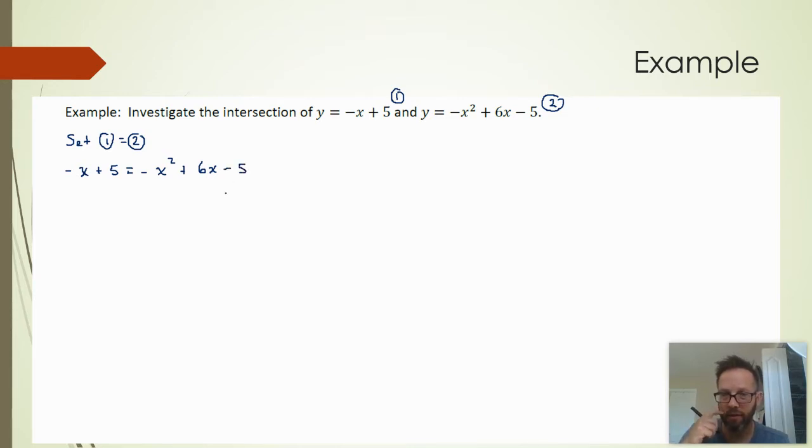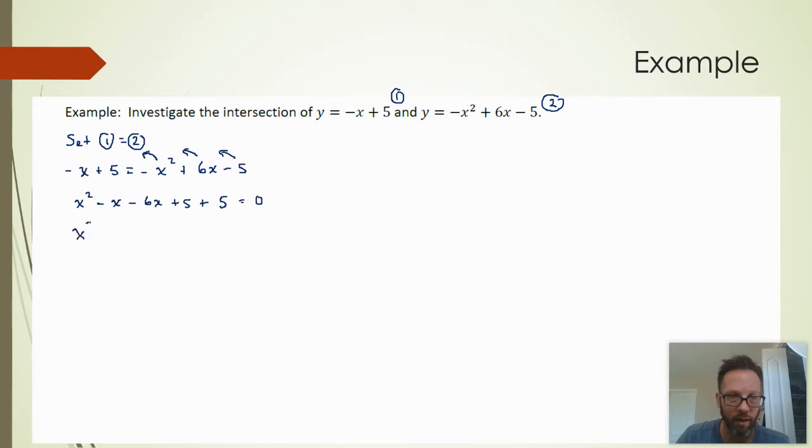So we like to use any of our strategies. We have to have everything grouped together on one side. So I think it makes sense to do the left side. So bring over negative x squared, you get positive x squared. I'll just show this work actually. Negative x, if we bring over the 6x, we get negative 6x. Plus 5, bring over this negative 5, we get another plus 5 equals 0.